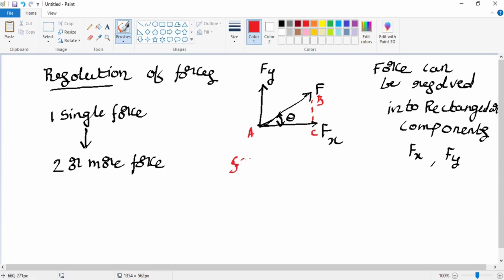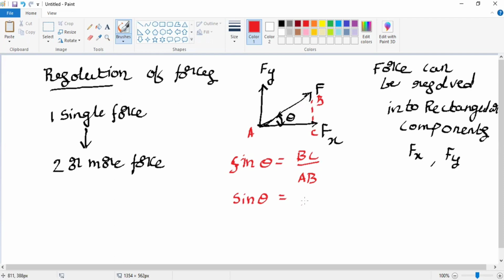Here I am considering sin theta, which is the opposite side over the hypotenuse. The opposite side is BC and the hypotenuse is AB. Then sin theta equals BC by AB.